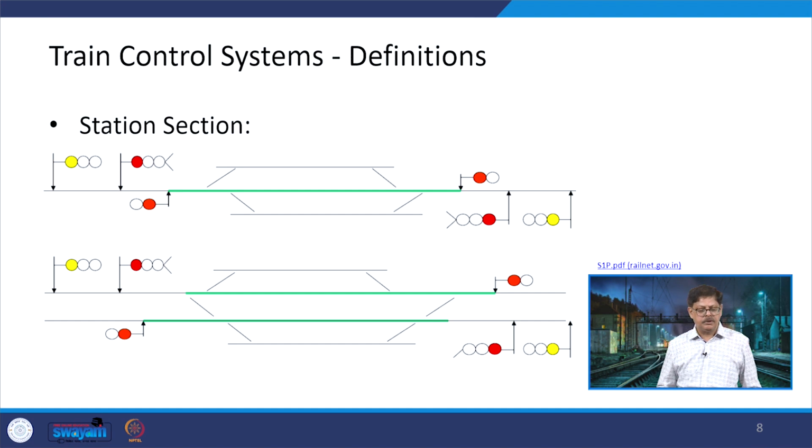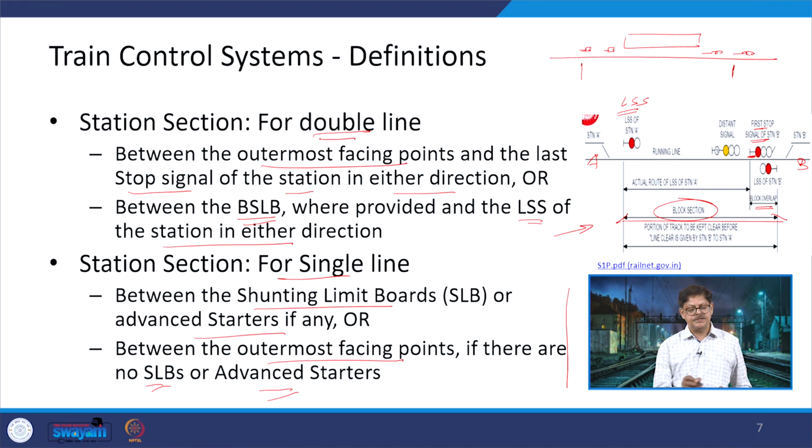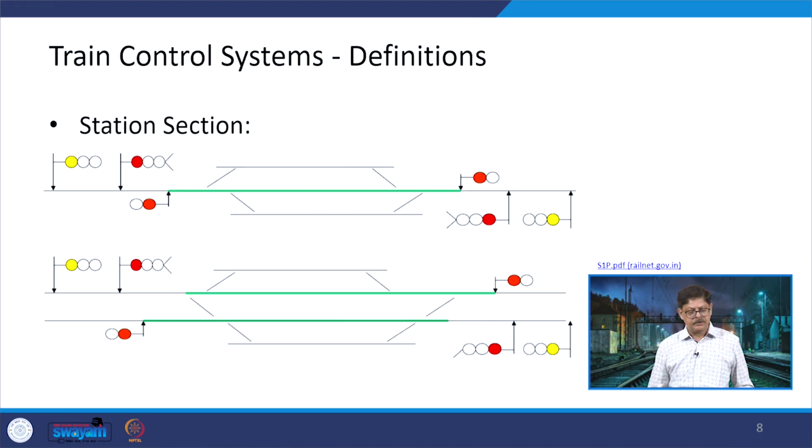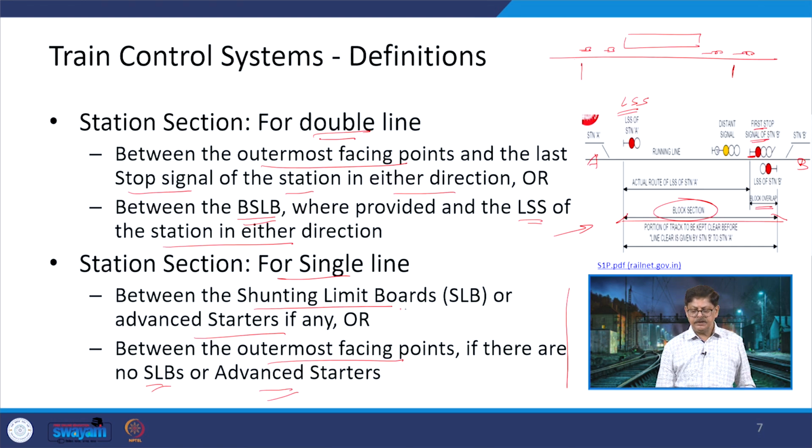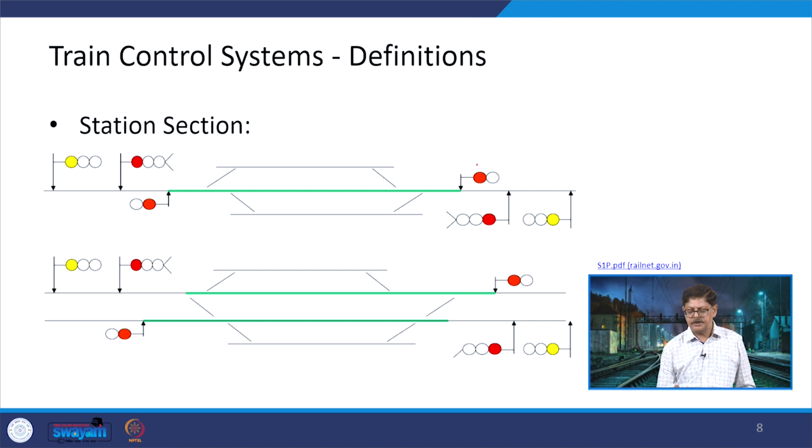Now, here if you see there is a single line and a double line condition. So, we were talking about the station section for a single line and a double line. Say in the case of a double line, this green patch is being shown. So, what you can see for the single line is shunting limit boards or advanced starters or outermost facing points or advanced starters. So, if they have the advanced starters provided here, those were going to give you an idea about the station limits or sections.